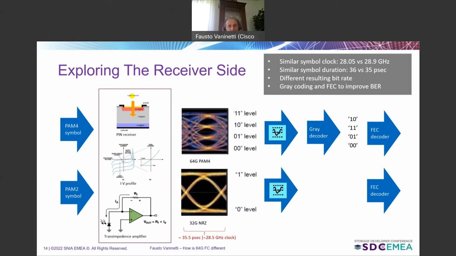For 64 gig, before going there, we need to go through the gray decoder. So there's an additional step. As you can understand, 64 gig Fibre Channel with the new modulation scheme presents more challenges than the previous generations of Fibre Channel technology.